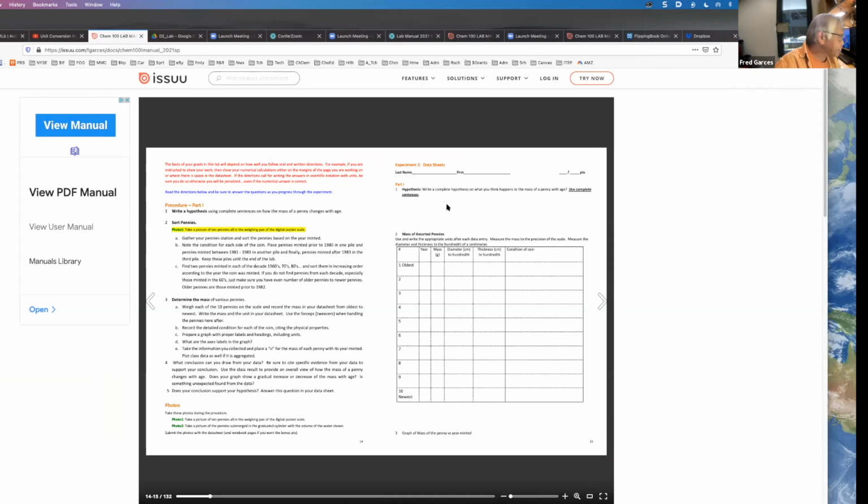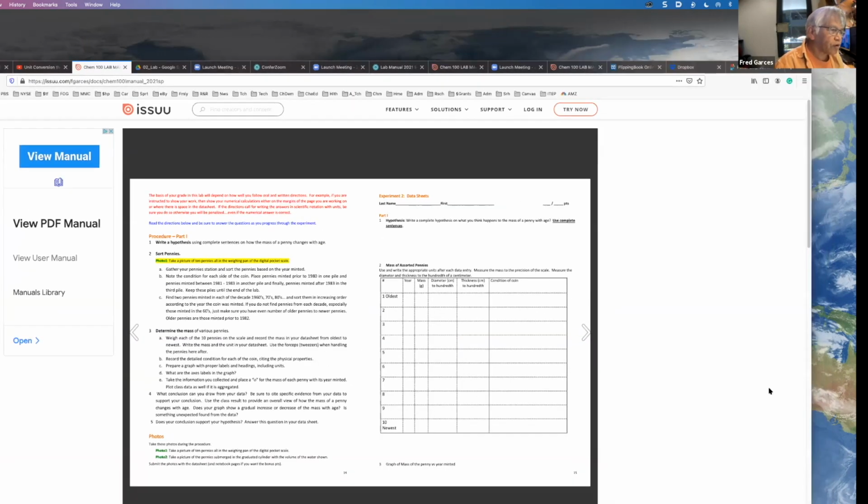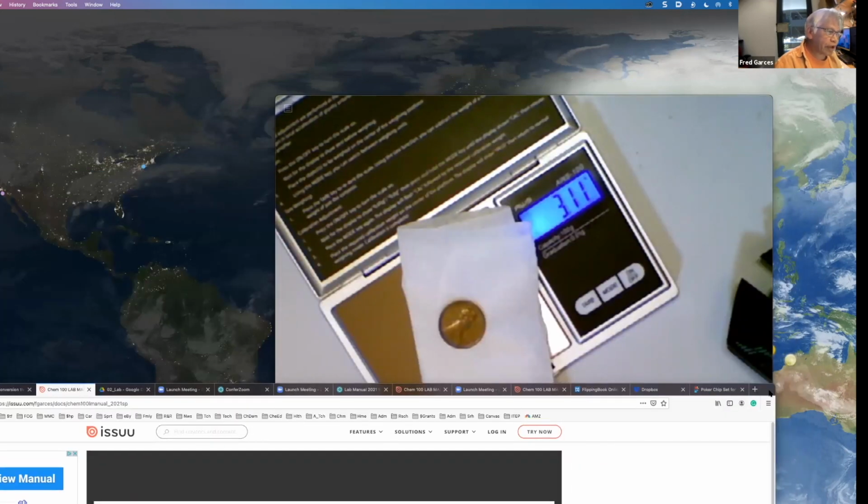First, write your hypothesis up here. And then oldest to the newest. What is the year? 1972 for me. What is the mass? 3.1, what was that? I forgot. 3.14. Okay, here it is. In this case, it's 3.13.